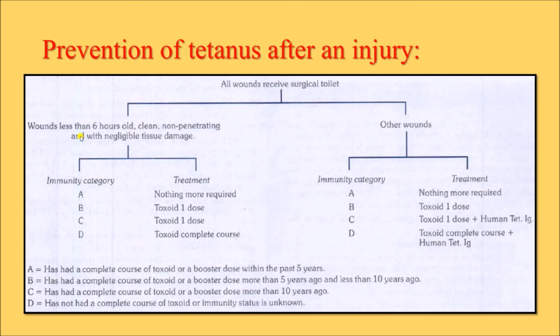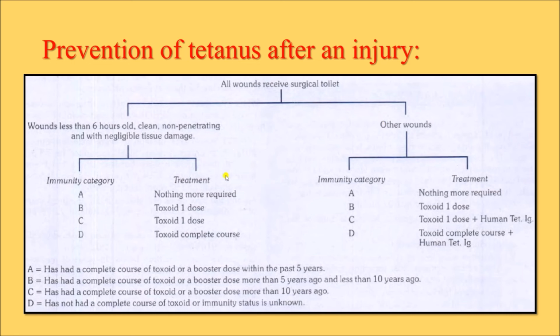We have to see whether the wound is less than 6 hours old, if it is clean, if it is non-penetrating, and if it is with negligible tissue damage. Alternatively, it can be more than 6 hours, it can be dirty, and can be penetrating with significant tissue damage, and those will be considered as other wounds, right?